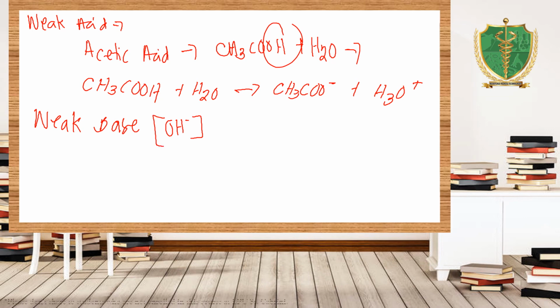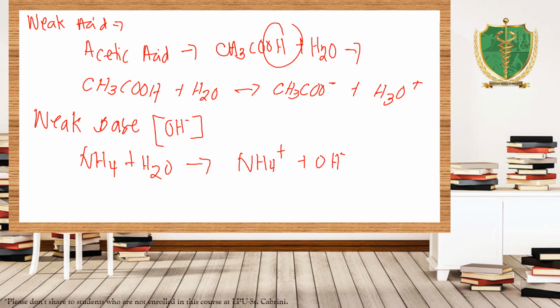Example of a weak base is ammonia. The ammonia weak base, okay, plus water will give us our ammonium ion and our hydroxide.